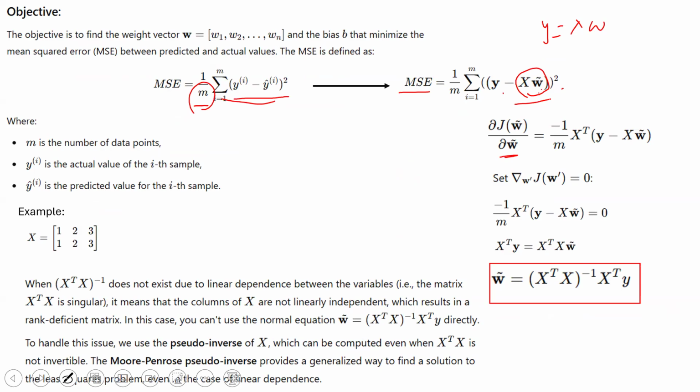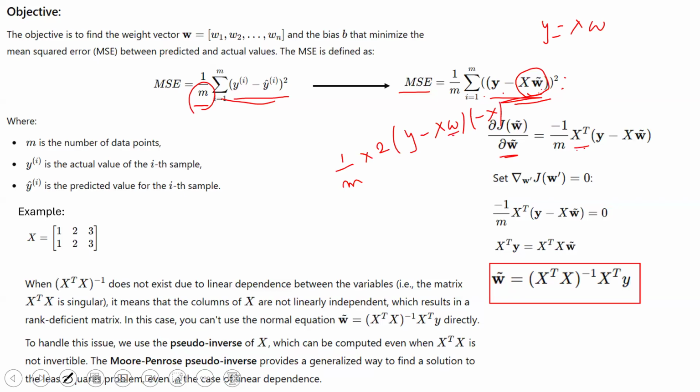So you take the derivative with respect to w. The 2 comes to the front, so this comes down to 1 by m into 2 into (y minus xw) into minus x, as you're taking the derivative with respect to w.